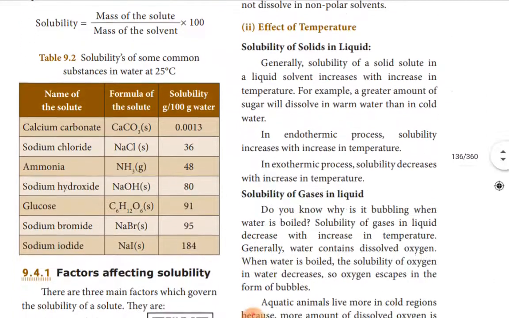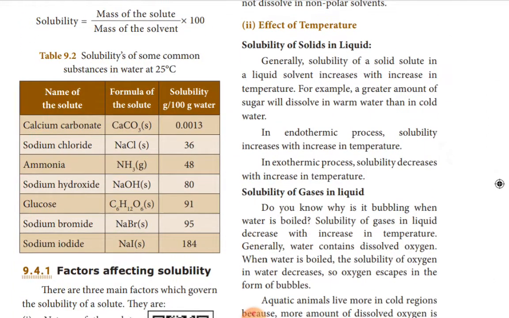So already you have learned there are two terms regarding temperature. One is endothermic, another one is exothermic. You already learned this in 8th standard and 9th standard. An endothermic process is a chemical reaction which involves the absorption of heat energy.